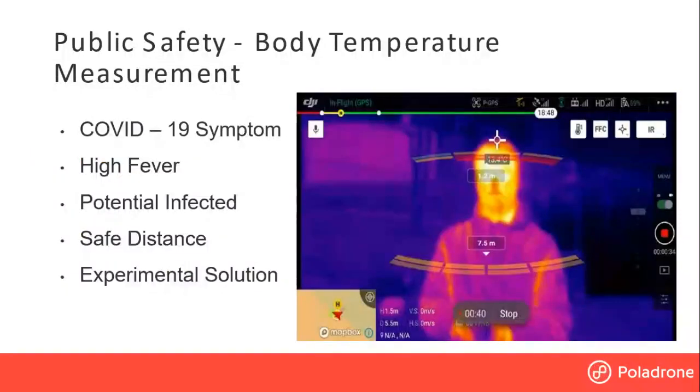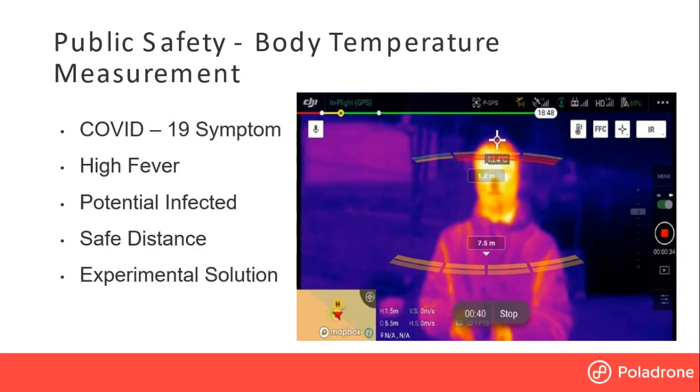There's another special usage in public safety. You can use the thermal imaging by measuring body temperature. Just a remark here that this one is still an experimental solution introduced by DJI itself. As we know, due to the recent outbreak of COVID-19, the DJI team modified their Mavic 2 Enterprise series and used the thermal imaging for body temperature measurements.